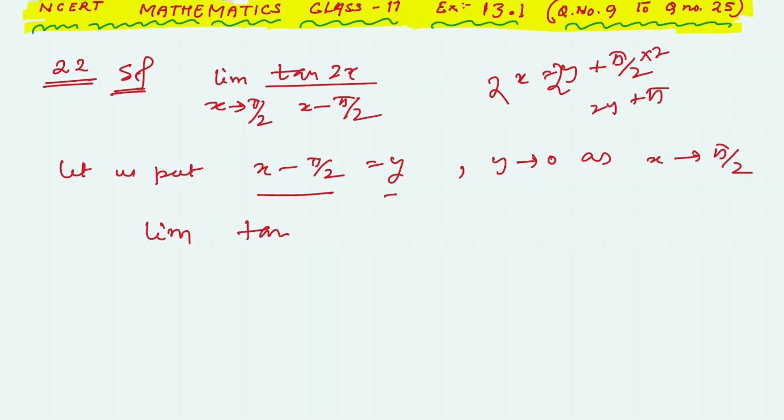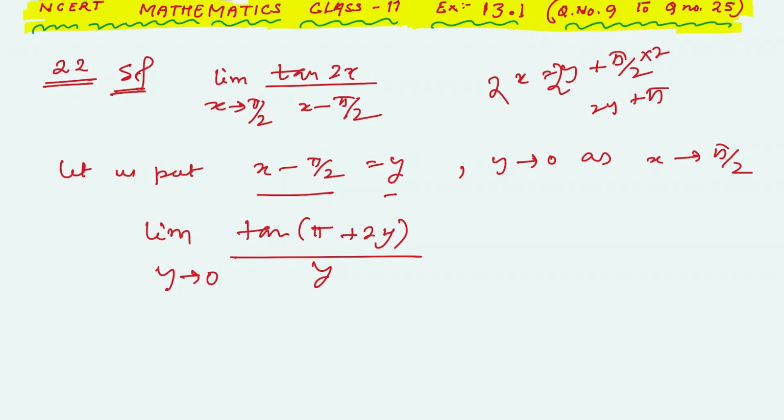So let me write pi plus twice y, and here y tends to 0. So that's what we can do.